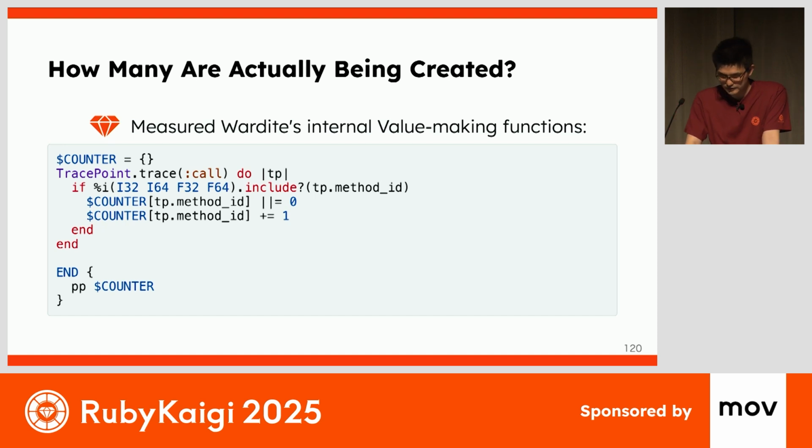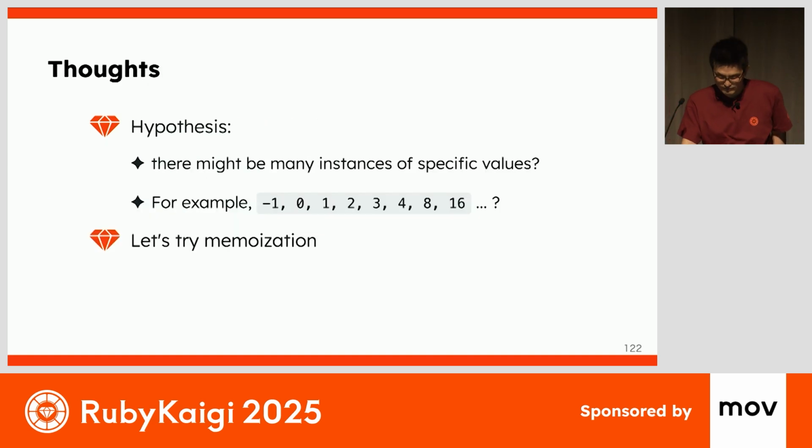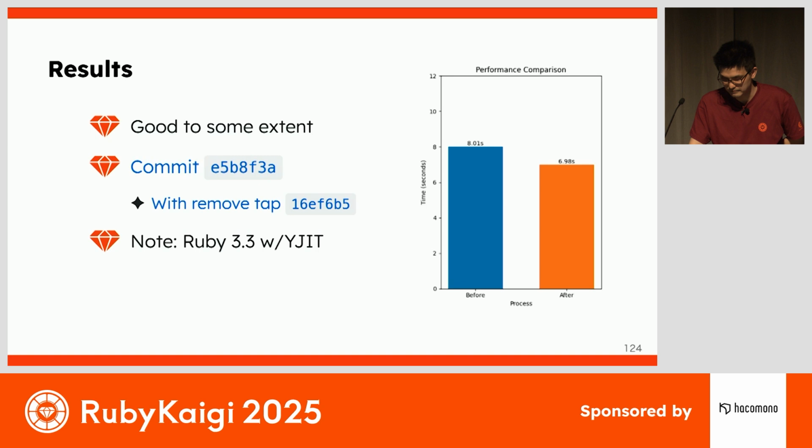Using trace points on the grayscale benchmark, I found it creates about 18.8 million integer objects. I tried a simple experiment: memoizing frequently used integer instances. I memoized values from 0 to 64 and -1.